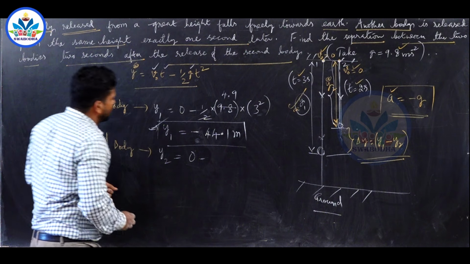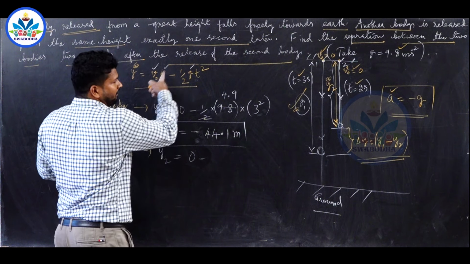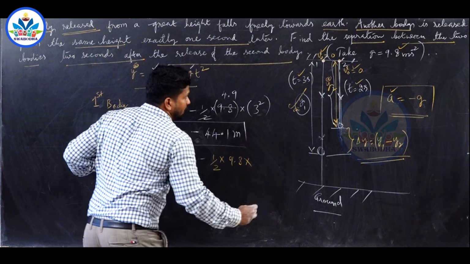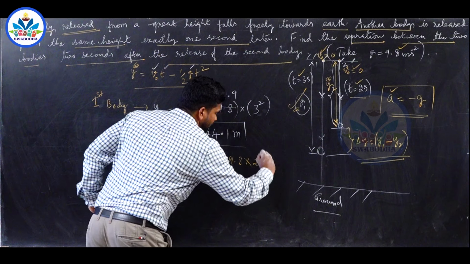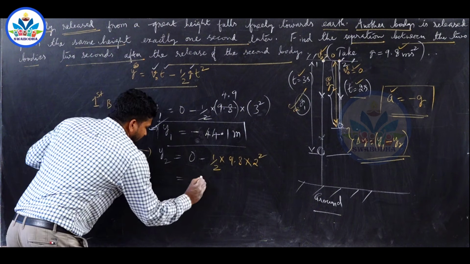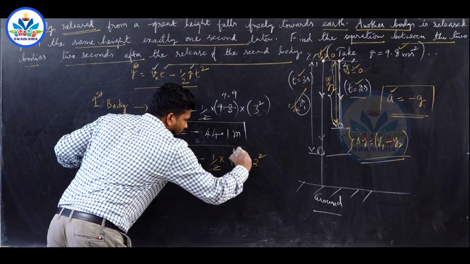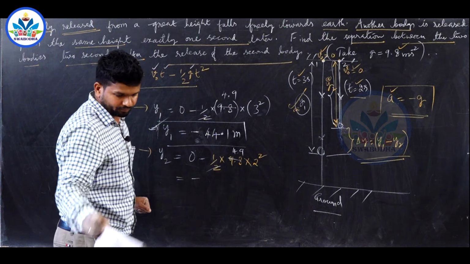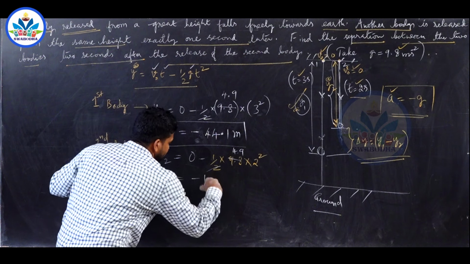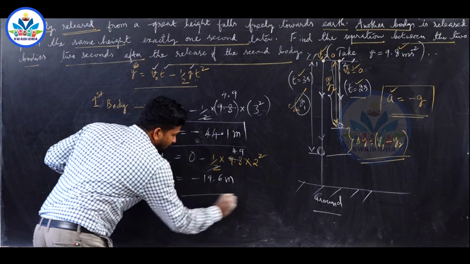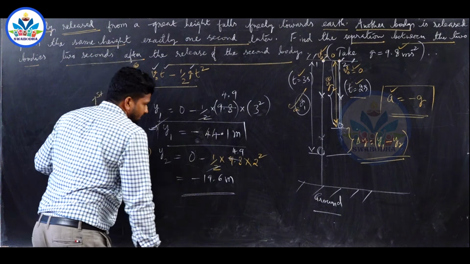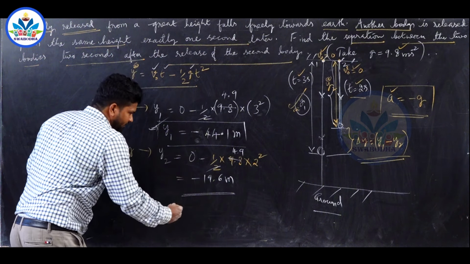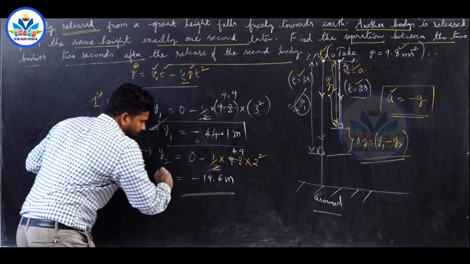Then y2 equals 0 minus v naught is 0 minus half into g 9.8 into t is 2 seconds, that is 2 seconds square. Therefore 2 1s are 2, 4.9 into 4, you will get minus 9.8 into 2, that is 19.6 meter, that is y2.